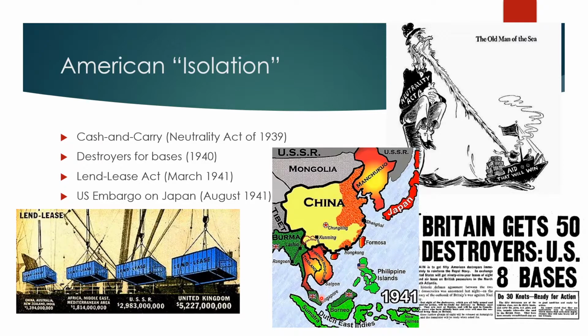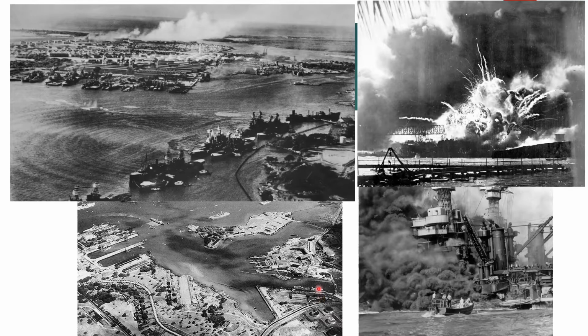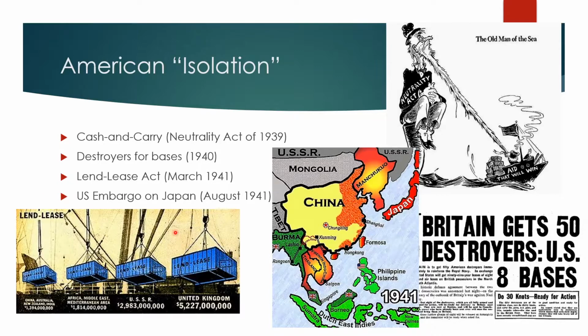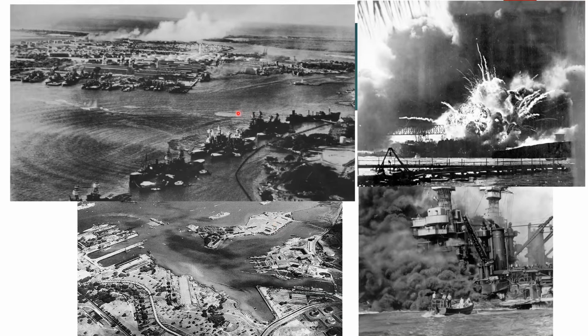This embargo directly is responsible for the attack on Pearl Harbor, because Japan knew that with the U.S. embargo, Japan would not be able to keep fighting a war for an extended amount of time, and so they decided to try and take out the U.S. Pacific Fleet before the U.S. got into the war, because they knew they wouldn't be able to respond in the end. And those are the main causes of World War II.